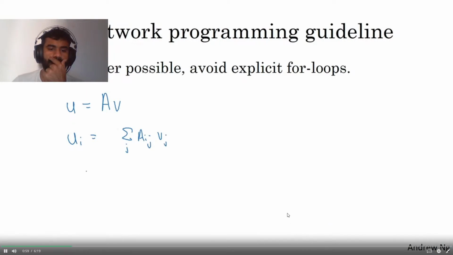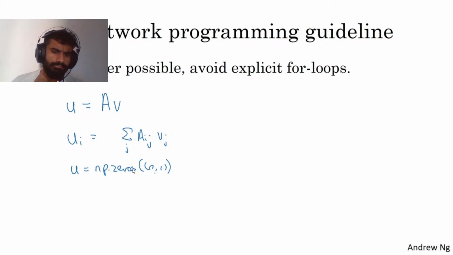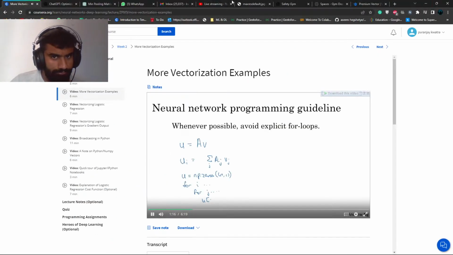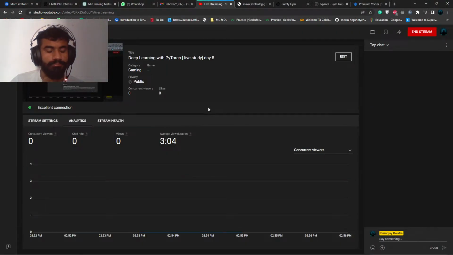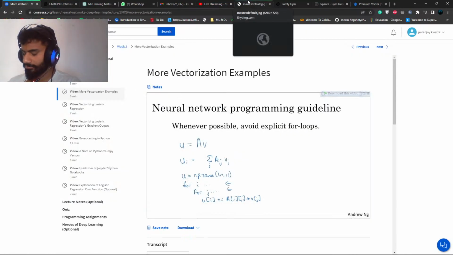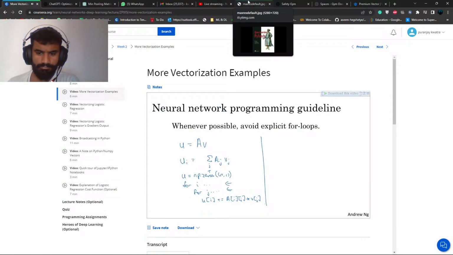And so the non-vectorized implementation of this would be to set u equals np.zeros of n by 1, and then for i, and so on, for j, and so on, and then u_i plus equals a_ij times v_j. So now this has two for loops looping over both i and j. So that's the non-vectorized version.